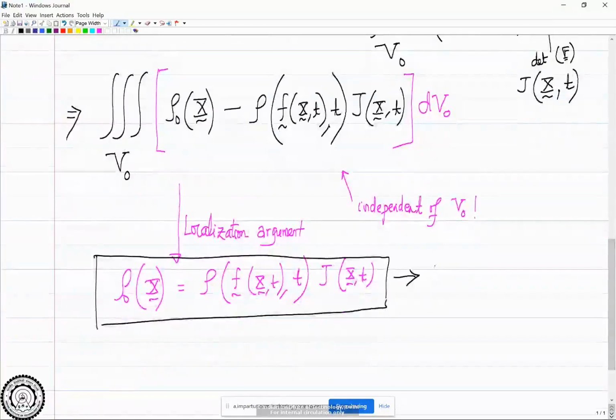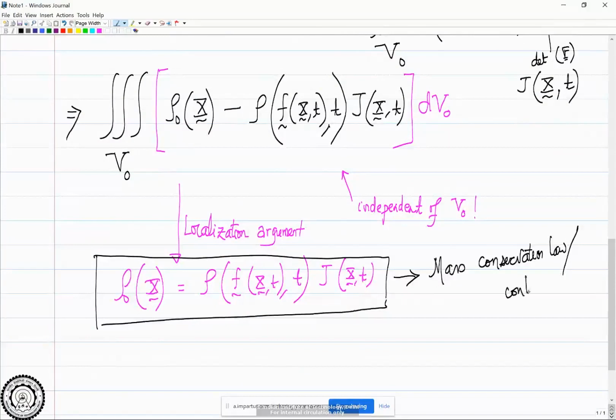So this is called the mass conservation law or continuity equation. And this is the Lagrangian form.